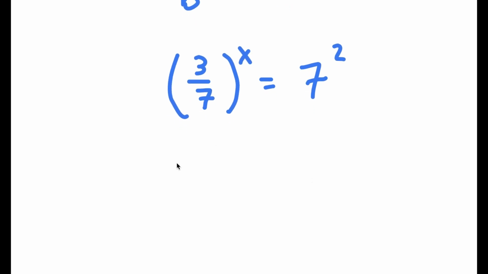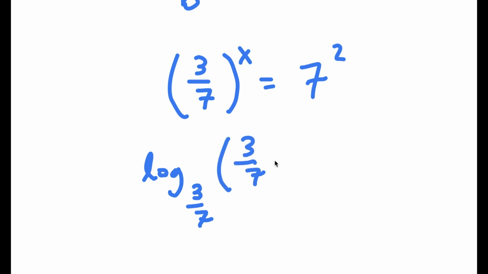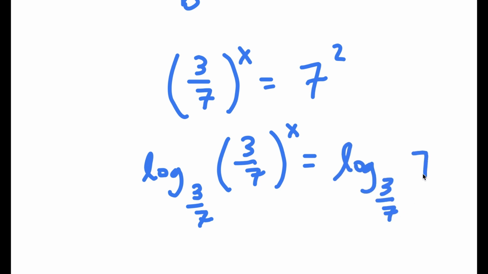Now, I'm going to take the log base 3 over 7 on both sides. So now I have log base 3 over 7 of 3 over 7 to the power of x is equal to log base 3 over 7 of 7 squared.